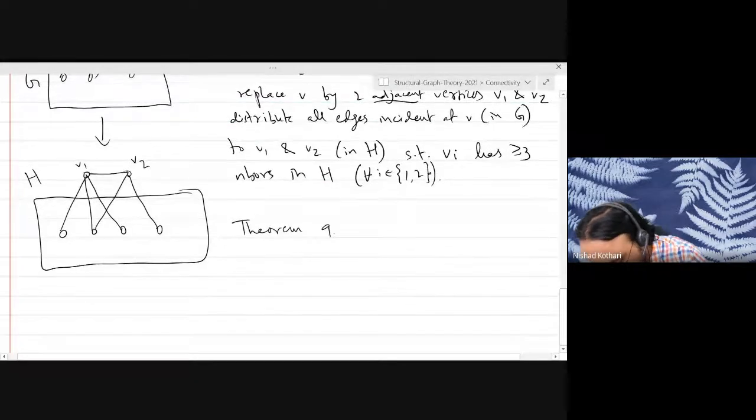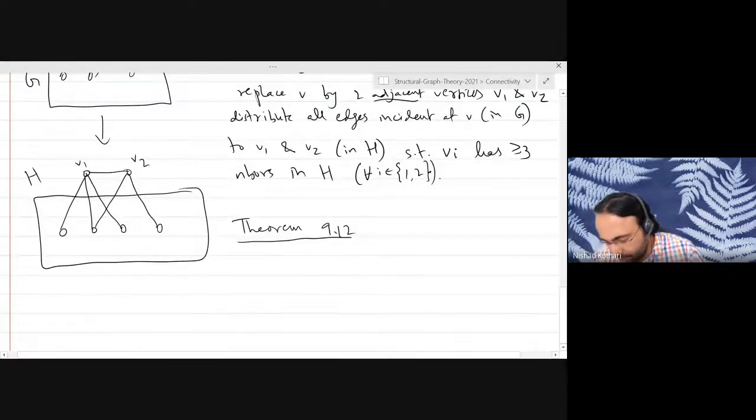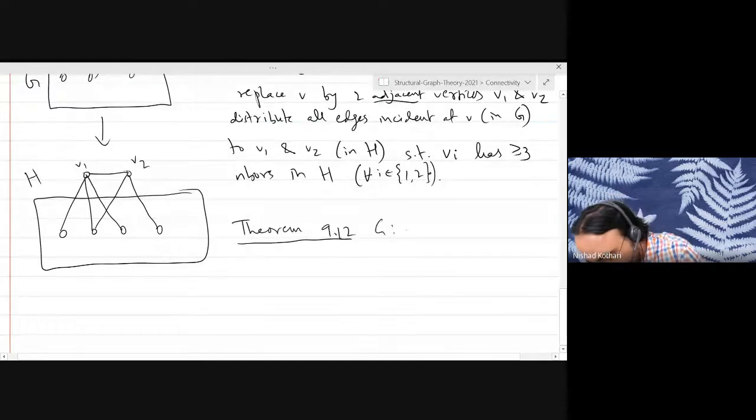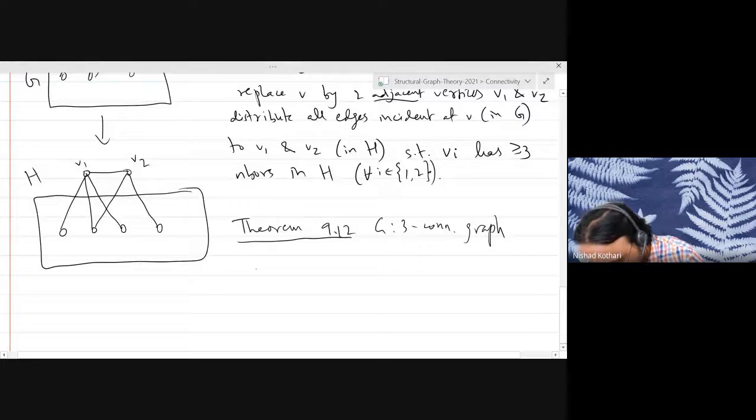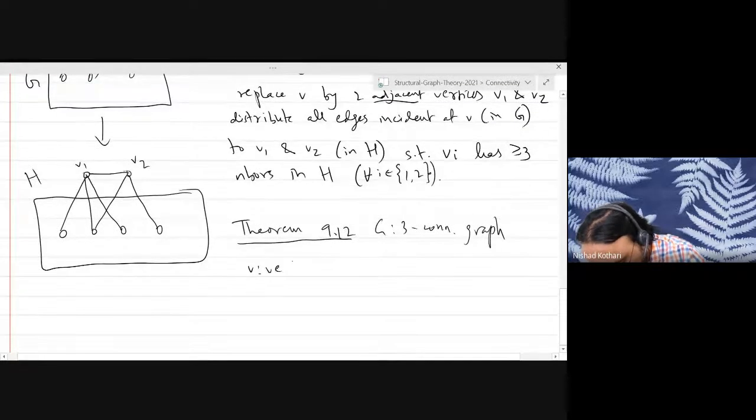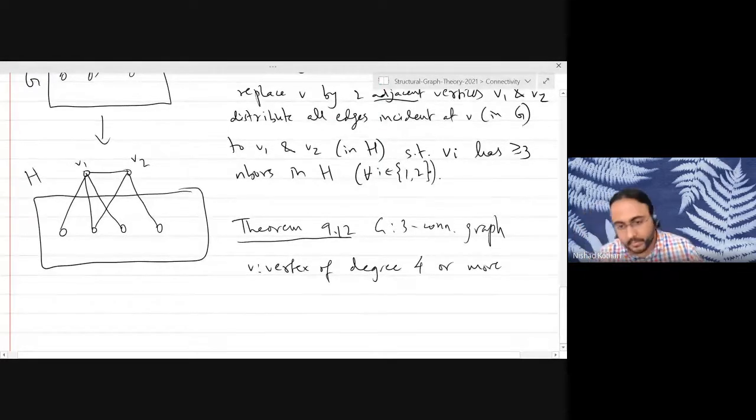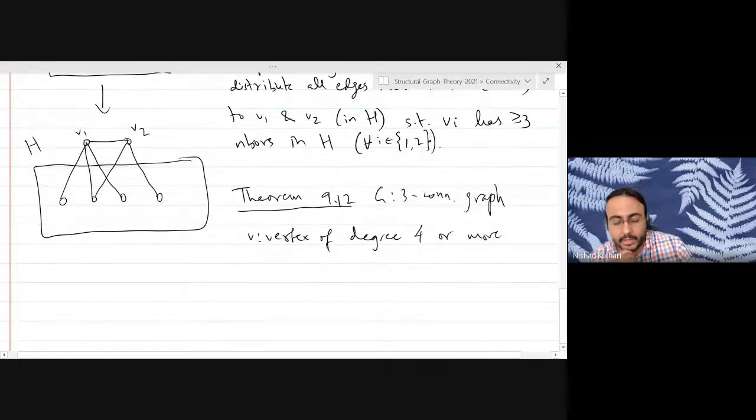What is really cool and not so difficult to prove is that if you take a three connected graph G and you take a vertex V of degree 4 or more, so that is another condition we require. The degree is just the number of edges incident at the vertex, so it does not mean that the vertex has 4 distinct neighbors.